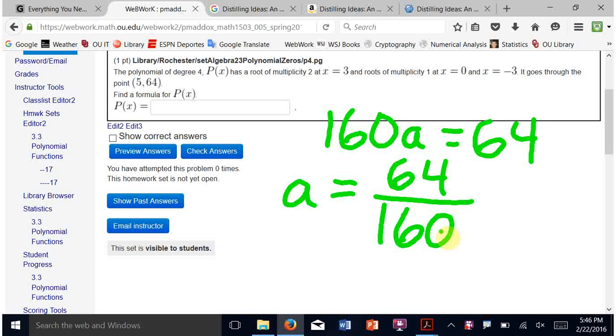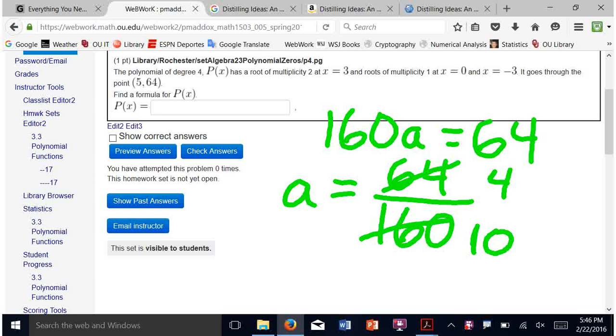Or do they? Let's see. They have a common factor of 16 at least. So 160 divided by 16 would be 10, and 64 divided by 16 would be 4.